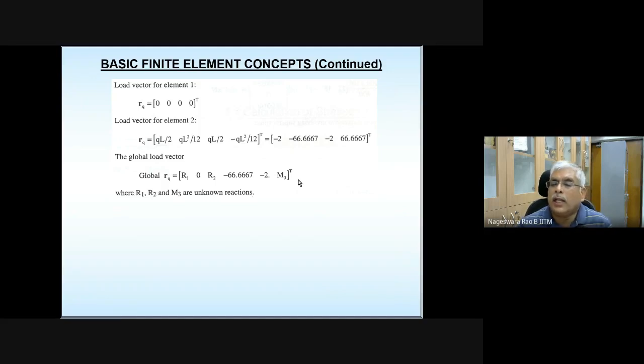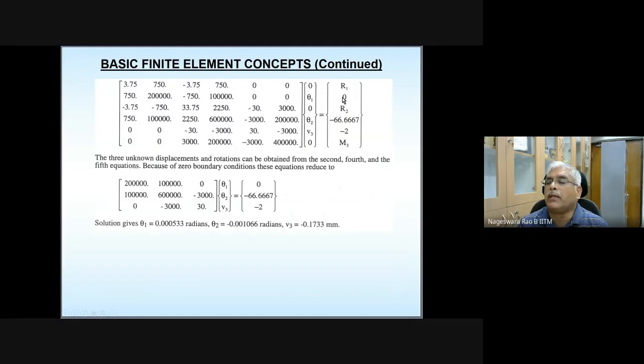And if you want the reduced equation system, here there are 6 degrees of freedom, so the global equation system is going to be 6 by 6. But you can directly write the reduced equation system by eliminating first row and first column, third row and third column, sixth row and sixth column.